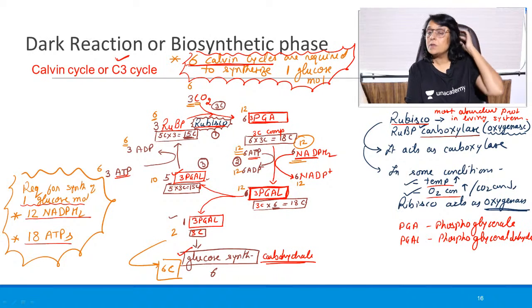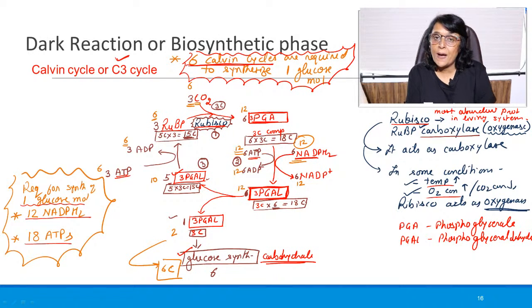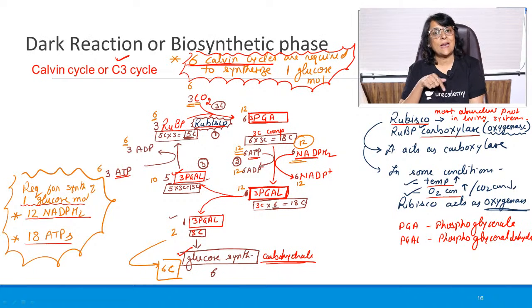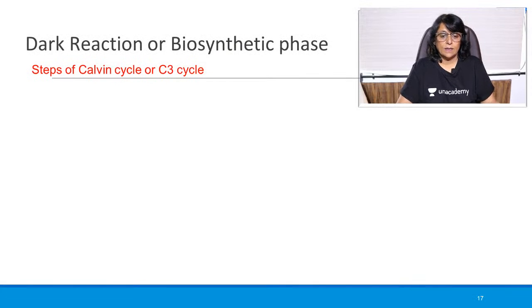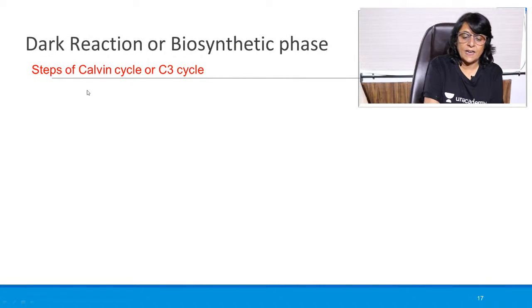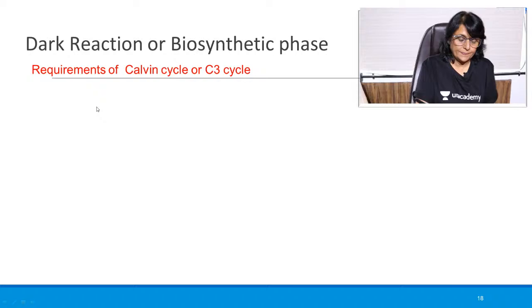What I would suggest is go over the pathways in detail, go over all the steps and keep a track of carbon numbers. And if you're able to keep a track of carbon numbers, the cycle becomes easy to understand. Steps of Kelvin cycle we have written in short.